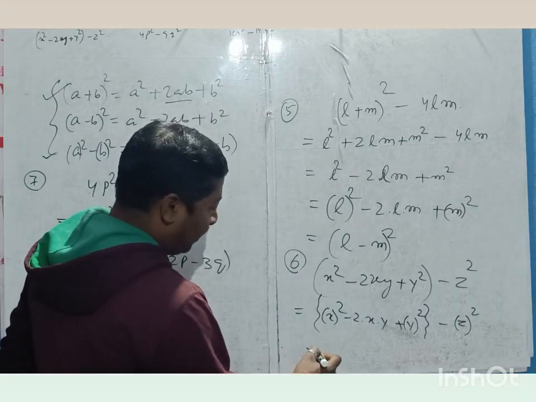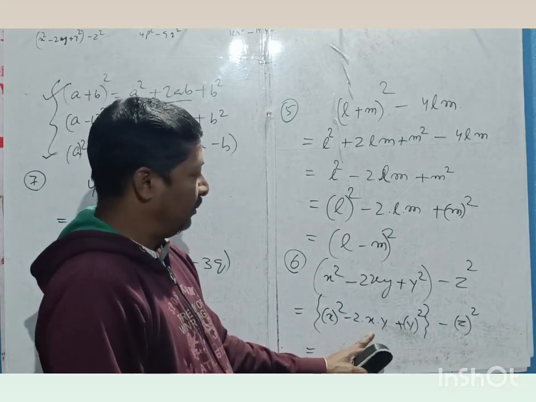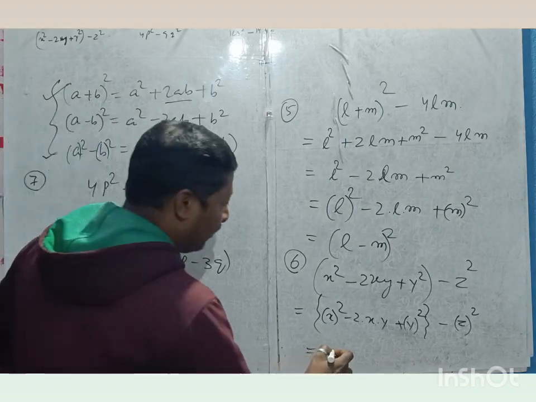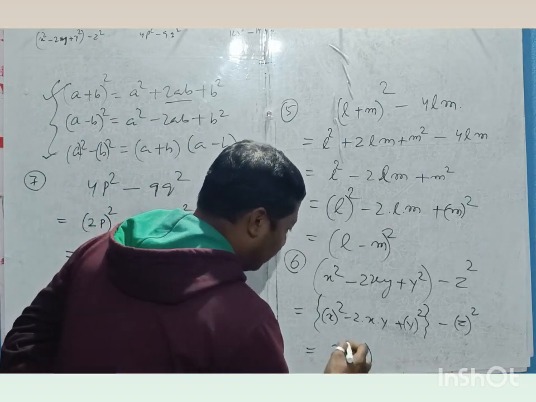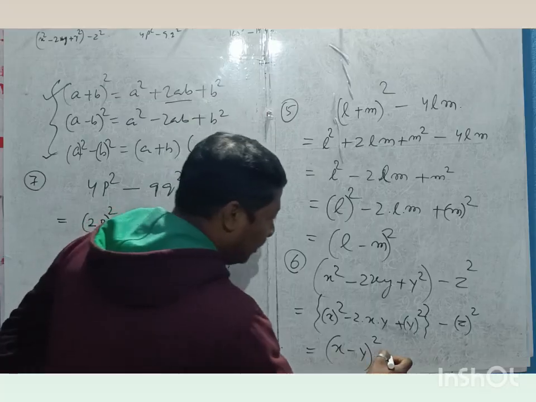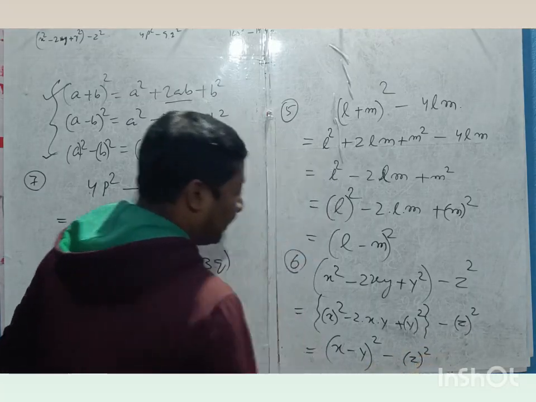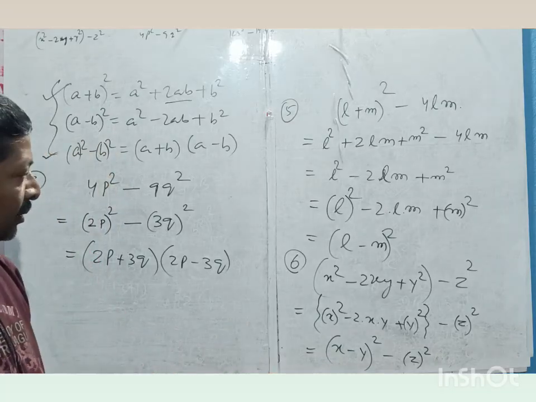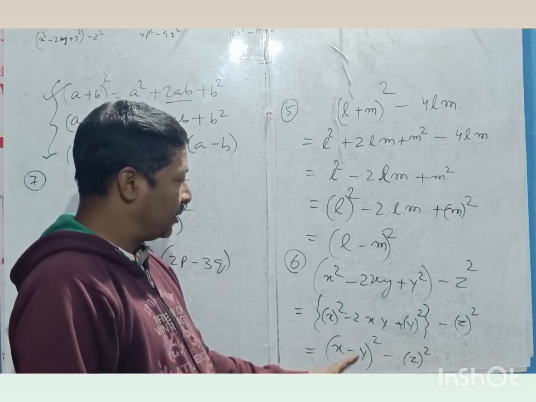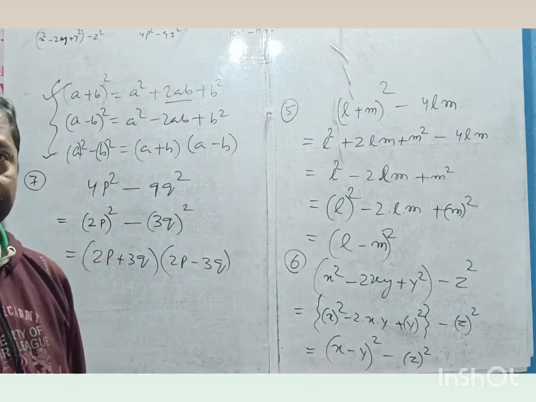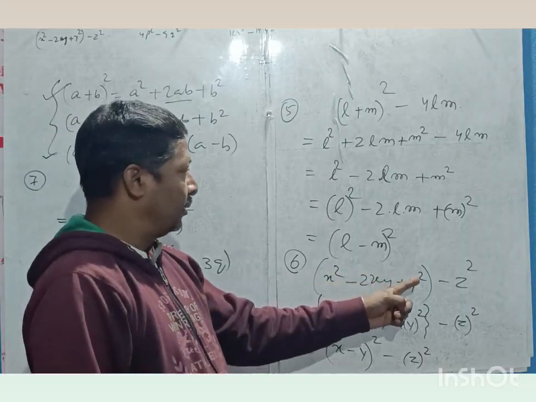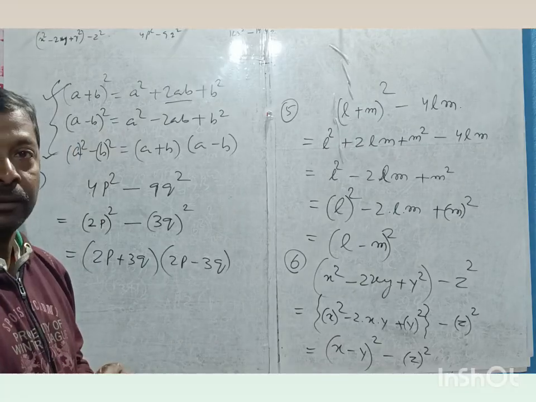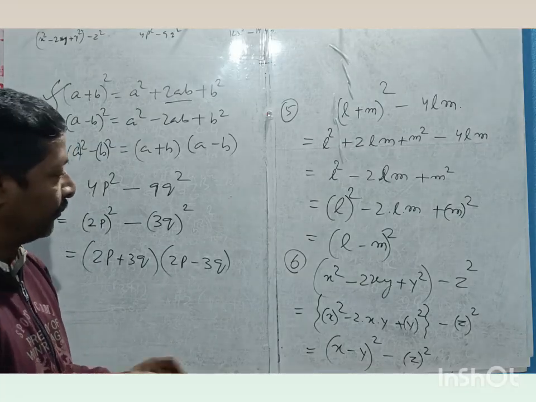Now I can write a² − 2ab + b² as (a − b)², so (x − y)². Again, z² is there. Now see, in what identity it falls? a² − b². In this expression, two identities are required.